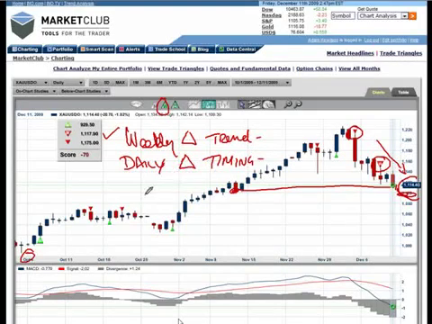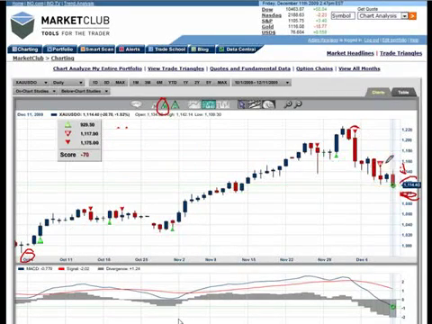In this case, you're only going to take this signal, this signal, this signal. Now that we have a red weekly triangle, you only want to take the red signals as going short. Does that make sense?